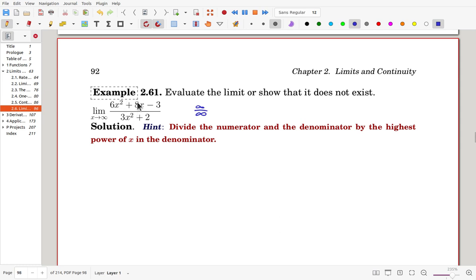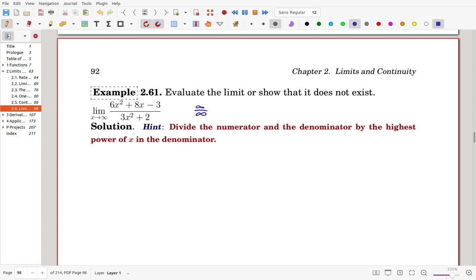So this fraction has the shape of infinity over infinity. In this case, the strategy is to divide the numerator and denominator by the highest power of x in the denominator. Right now in the denominator, the highest power is x squared.